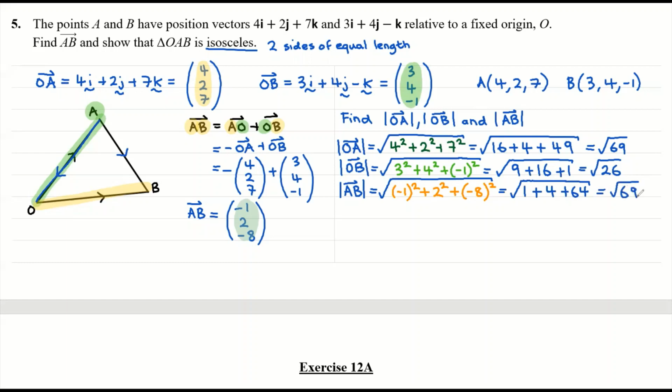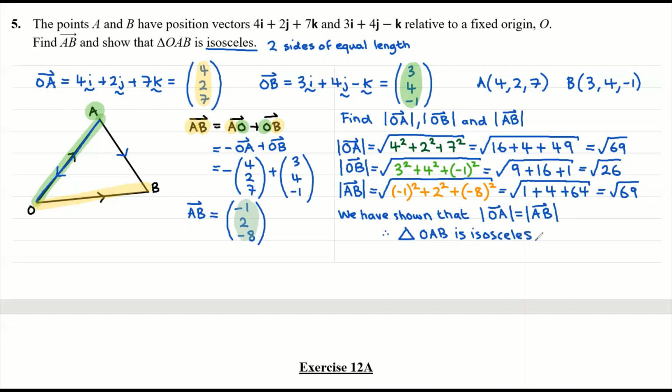So we've now shown that we've done all the mathematics now. We've now shown that the length of OA is equal to the length of AB. So therefore, triangle OAB is isosceles.